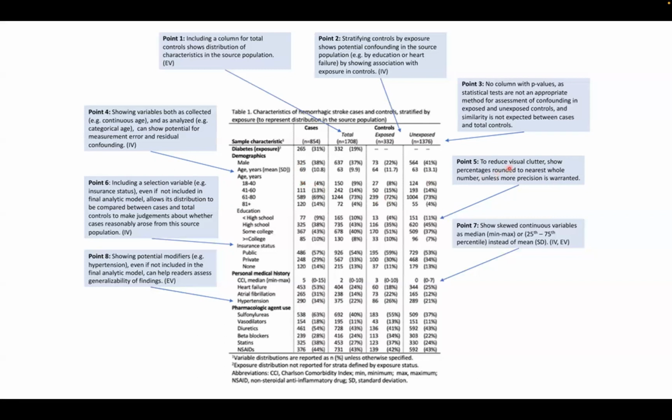Point 5 says to reduce visual clutter, show percentages rounded to the nearest whole number unless more precision is warranted, which in most cases I would argue precision is usually not warranted. For the purposes of a Table 1, we're using this as a very quick glance at who is included in our studies. So we don't really care if there's 11.5% of people that have an education less than high school.